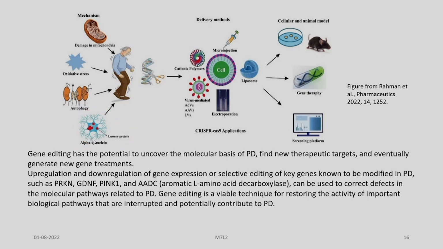So, you can develop certain targeted therapy against Parkinson's disease, and for delivering these therapies we may have various delivery methods like microinjection, cationic polymers, or you can use virus or electroporation for the delivery of CRISPR-Cas9 based targeted gene therapy in Parkinson's disease.